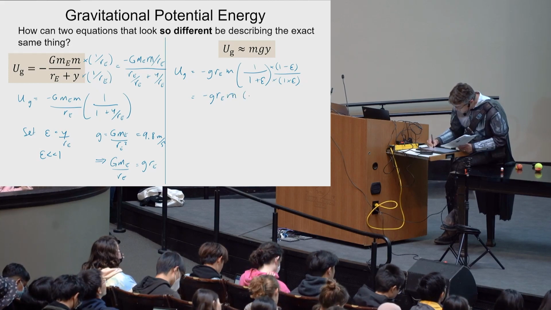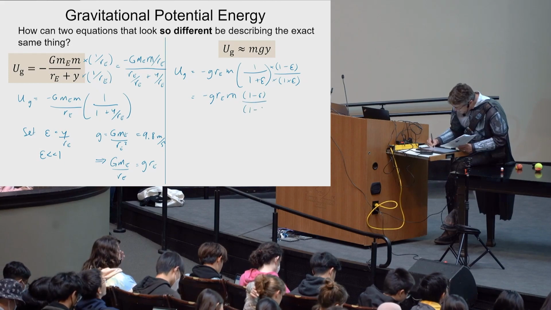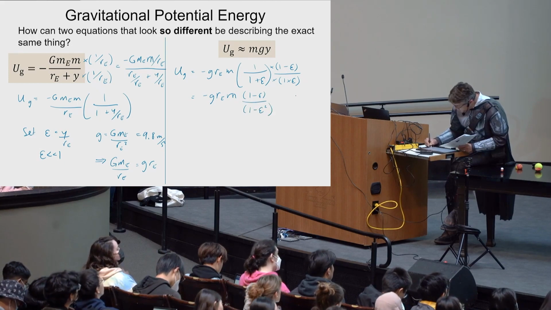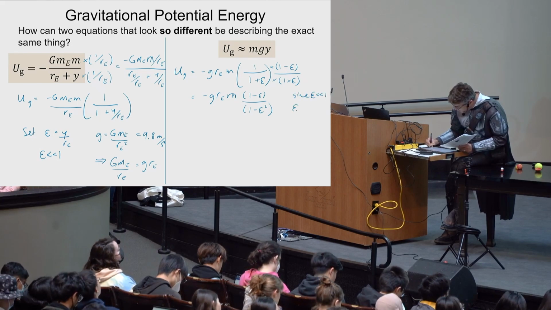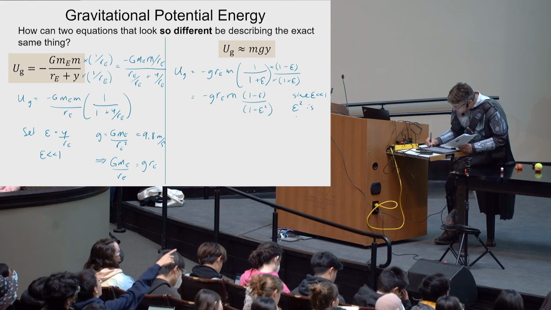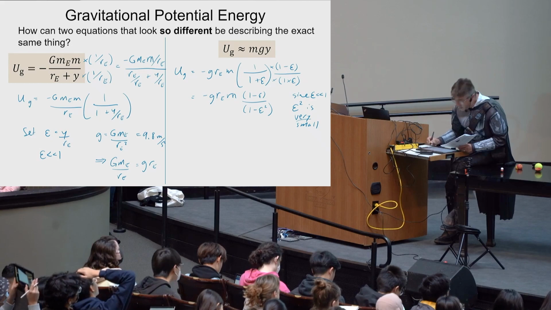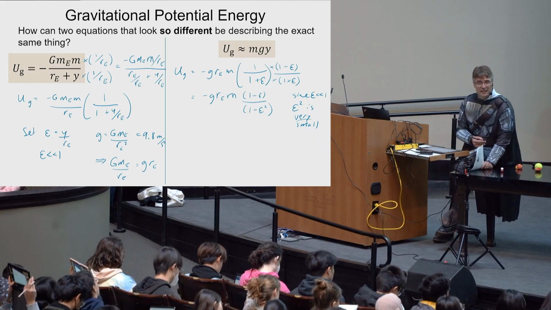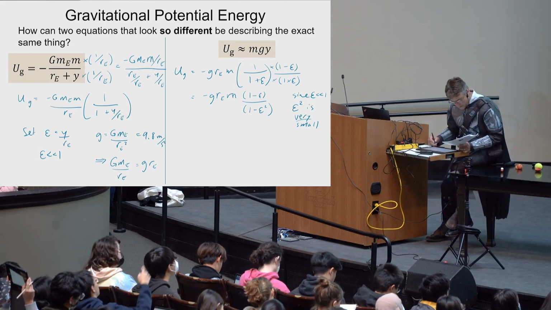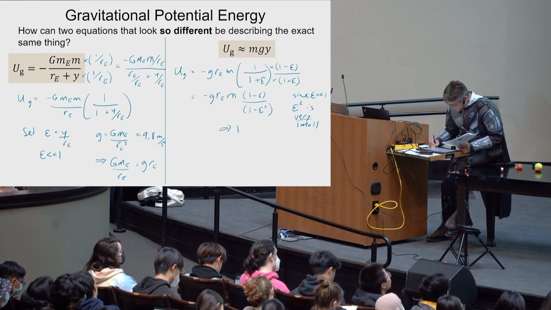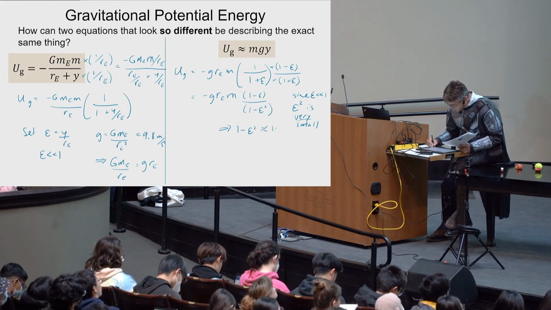And since epsilon is much, much less than 1, then epsilon squared is very small. It's negligible. Anytime you've got a small number, and you square it, you can kind of neglect the squared term. It's called a first order approximation.